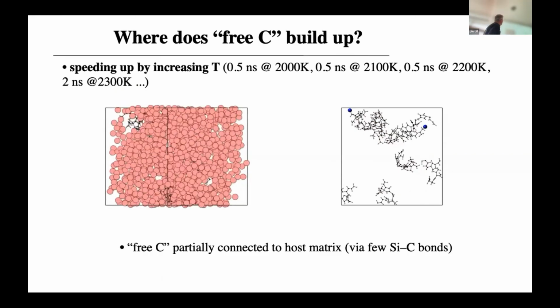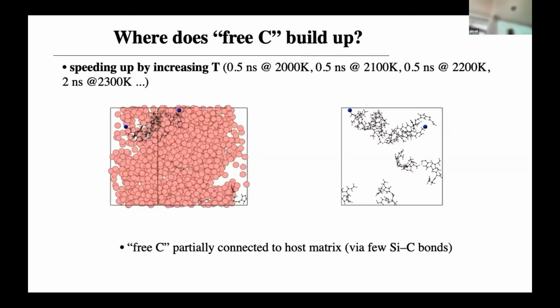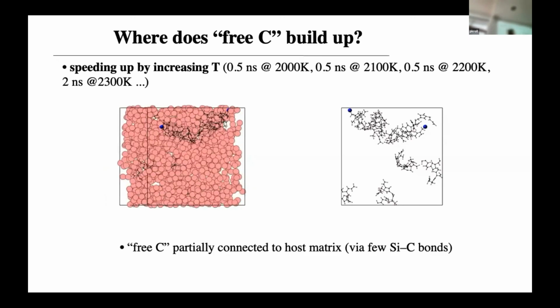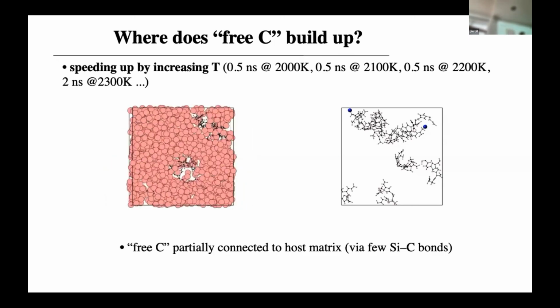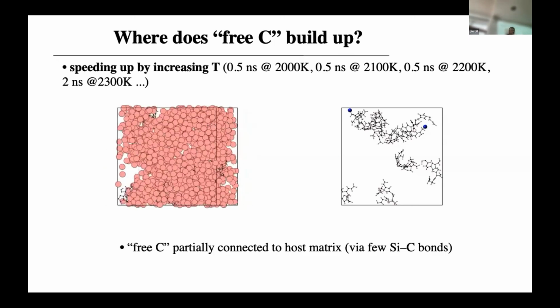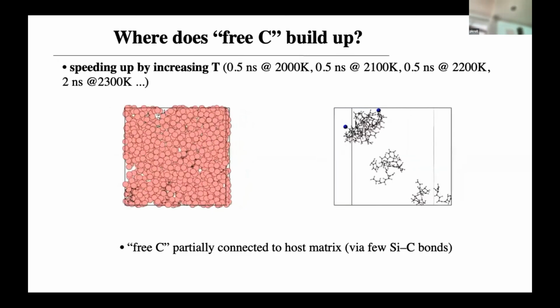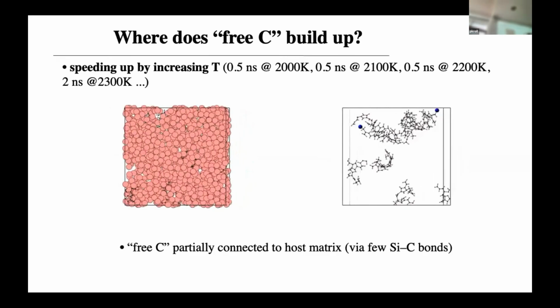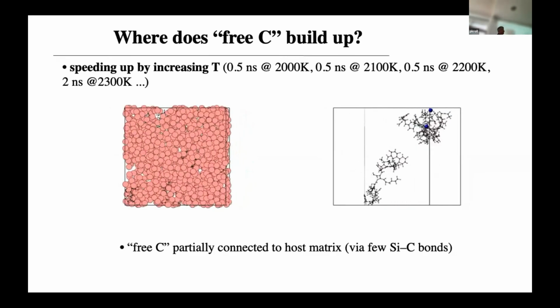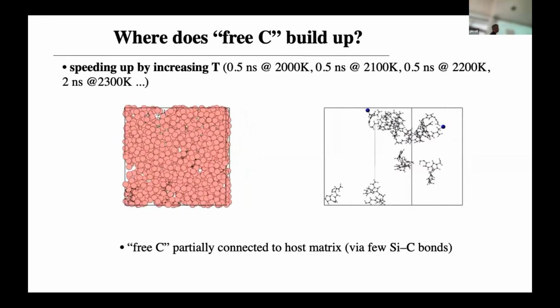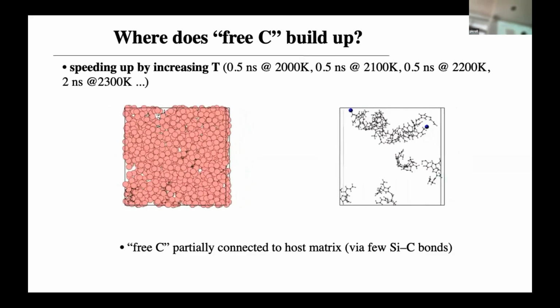And here is the whole thing with all the oxygens. And here you see, this must be the carbon. Here I left out all the oxygens so that you see there only the carbon. The big blue balls that you see there are silicon atoms that are part of your amorphous matrix, so the SiCO, and at the same time also bind to your free carbon.